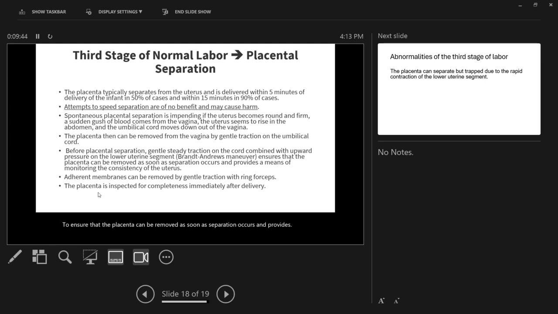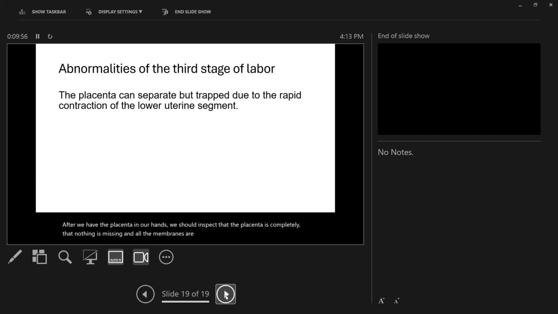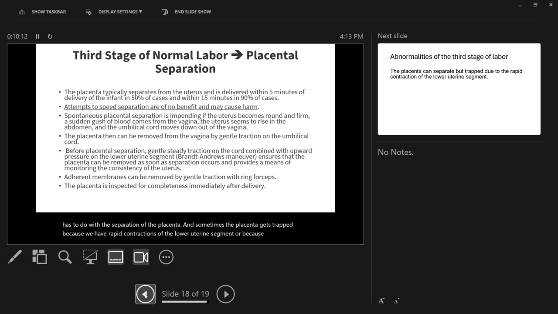After we have the placenta in our hands, we should inspect that the placenta is complete, that nothing is missing and all the membranes are out. Abnormalities of the third stage have to do with the separation of the placenta, and sometimes the placenta gets trapped because we have rapid contractions of the lower uterine segment, or because we attempt to pull and do harm pulling the umbilical cord.